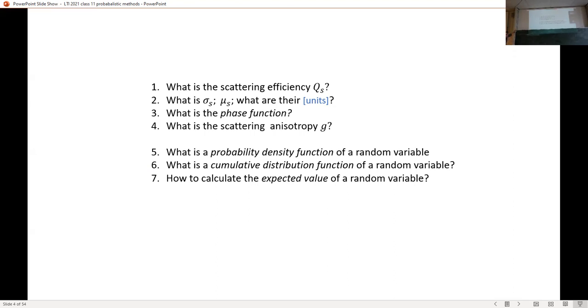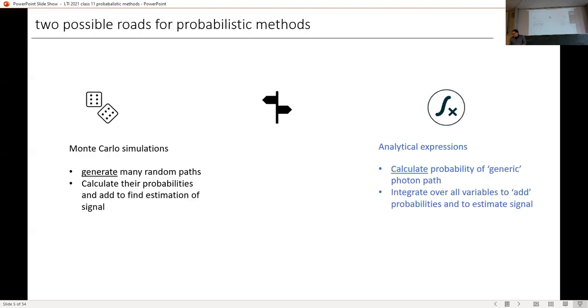Okay, I'm going to skip the last few questions because we'll get to it. So if you think of probability, the phase function is a probability distribution, a probability density function to be precise, of scattering into different angles. We can also make probability density functions of step size of photons.